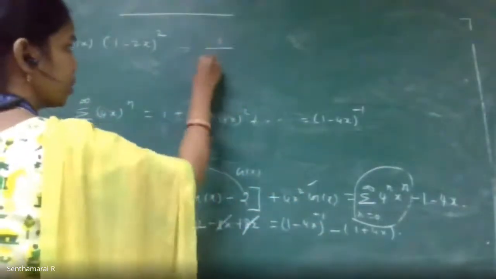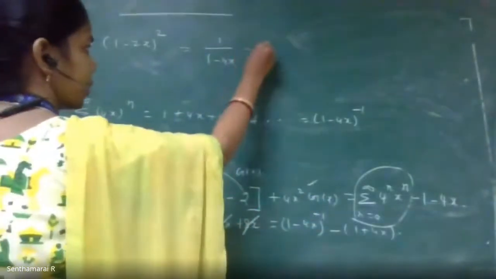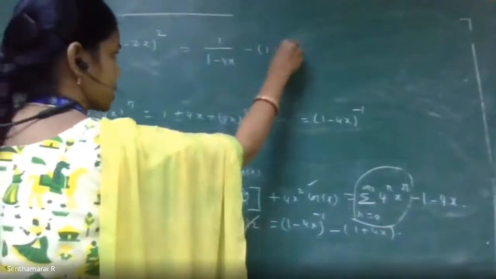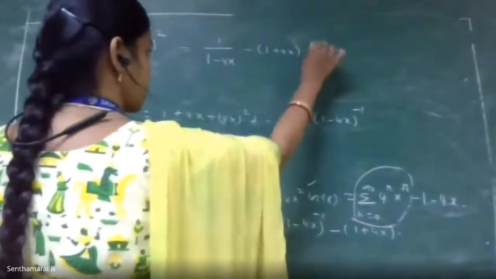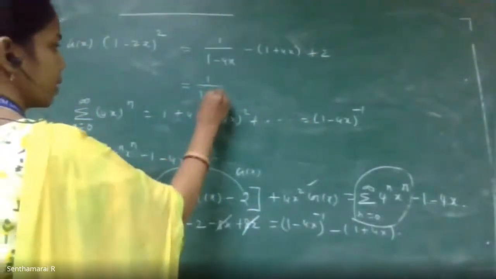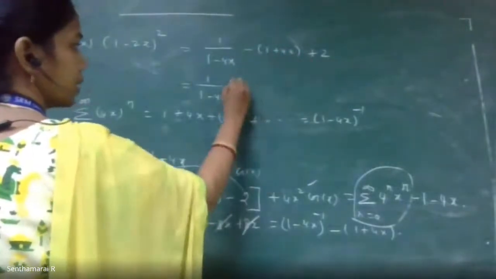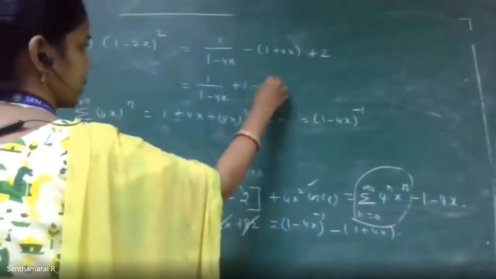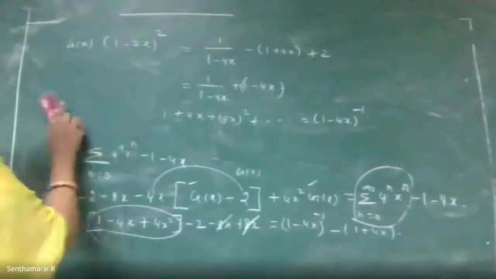That is equal to 1 by 1 minus 4x, I just write it in the denominator, minus of 1 plus 4x. When I bring that side, it comes as plus 2. That is equal to 1 by 1 minus 4x minus 1 plus 1 plus 1 minus 4x. Is it clear?